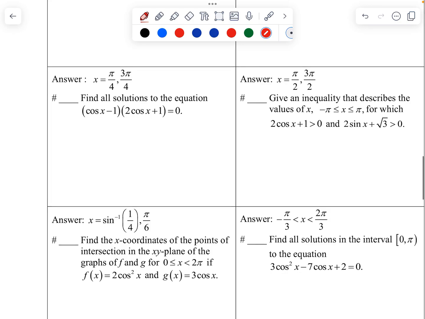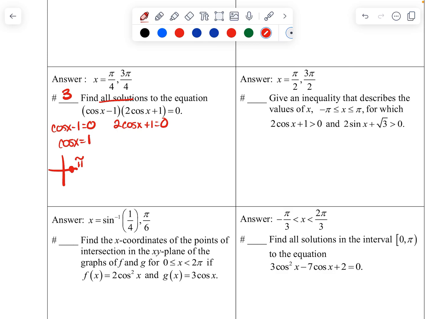So if we do that, here's number 3. So find all solutions, okay? So it's in factored form. So either the cosine of x minus 1 equals 0, or 2 cosine of x plus 1 equals 0. Well, this one's easy. The cosine of x equals 1. So that's right here.